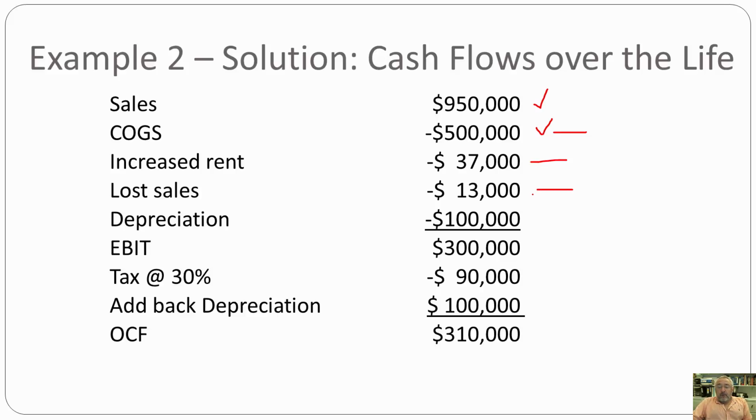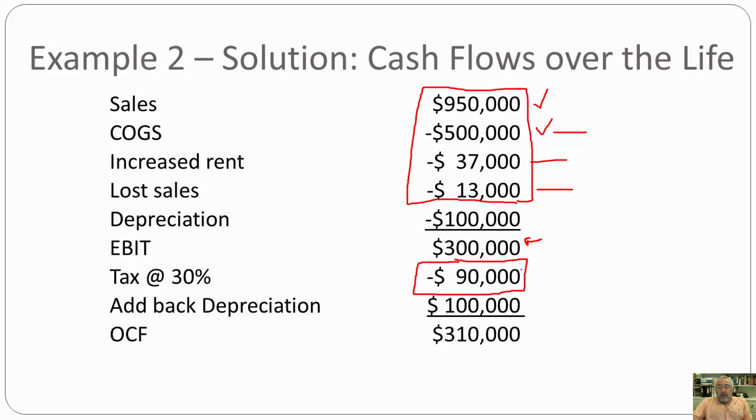So these are all cash flows. Now, for the meanwhile, we're going to take off the depreciation so we can calculate EBIT. Why? We need that EBIT number in order to work out what our tax effect is, because that's a cash flow. Given we've got that profit, we're paying some tax on it.